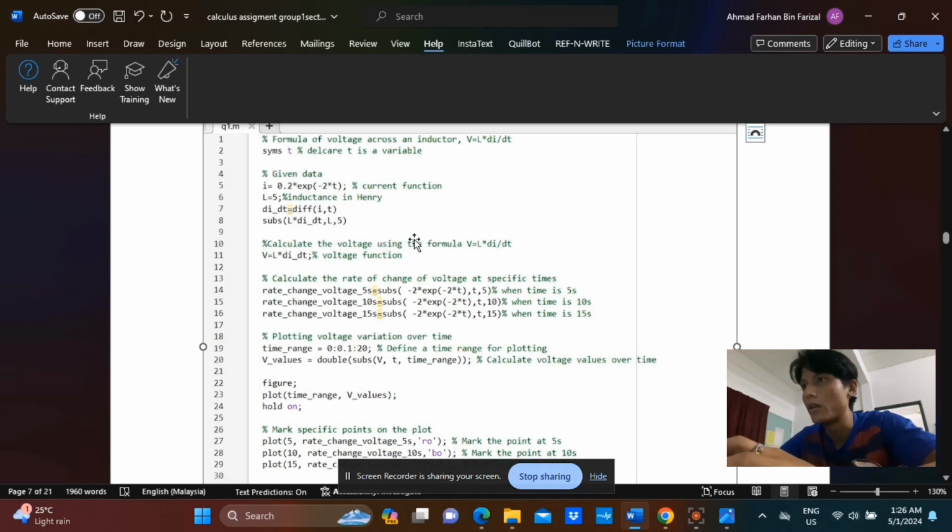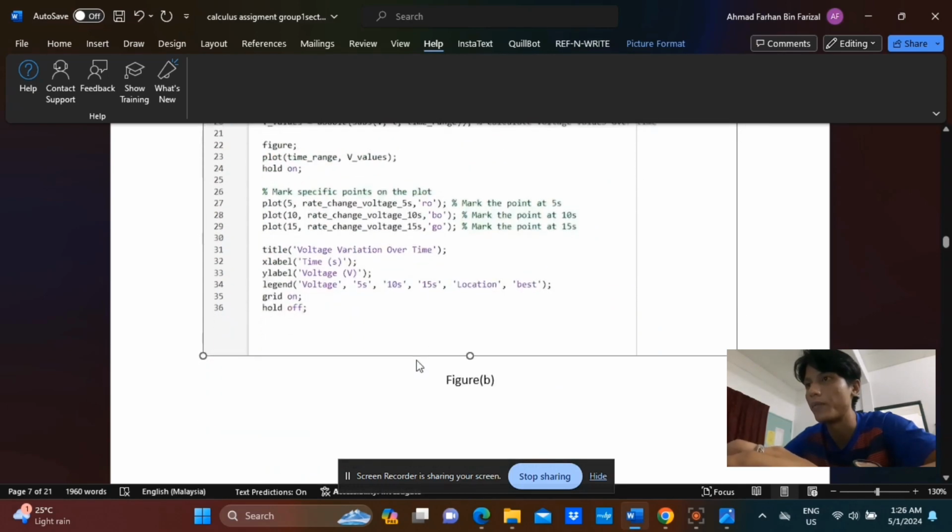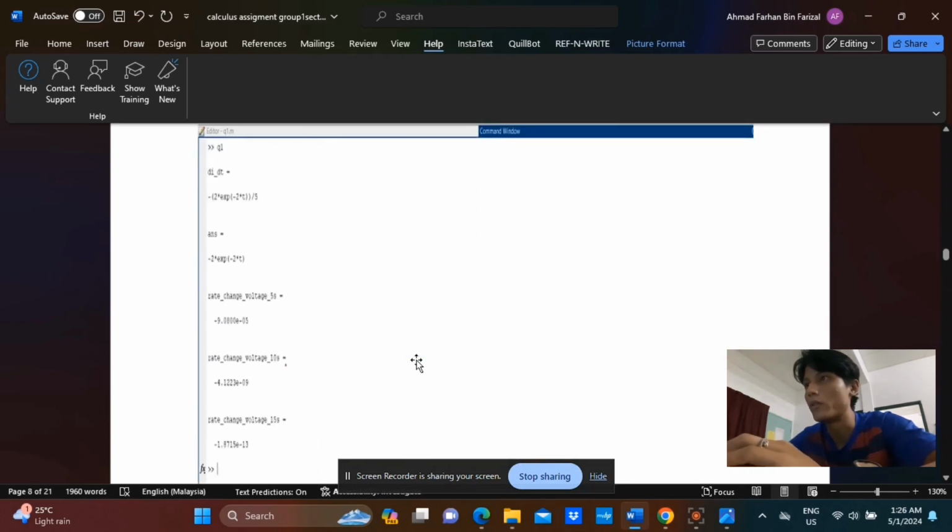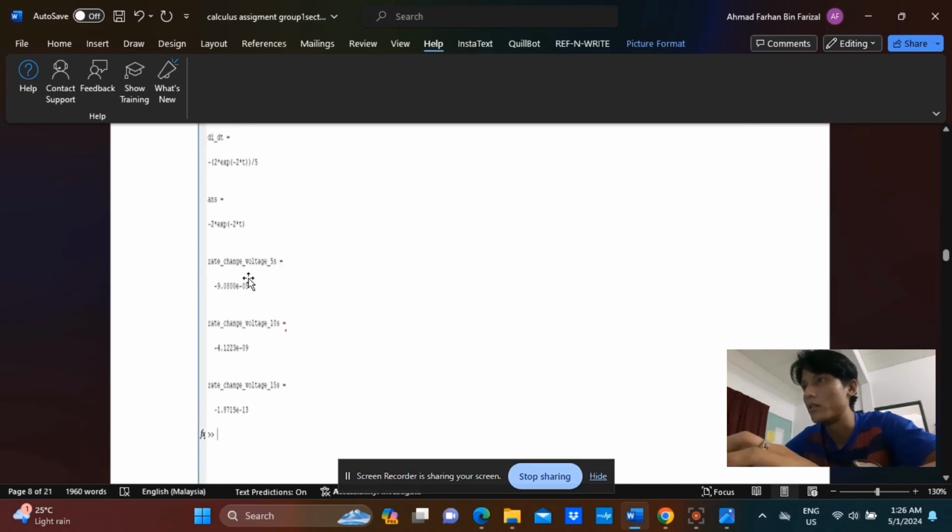Then like we see from the manual calculation, we got this formula. Then we can simply use the formula to find the rate of change of voltage for 5 second, 10 second and 50 second. And after we run, we got this answer.